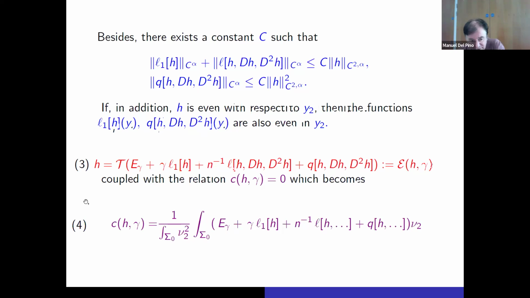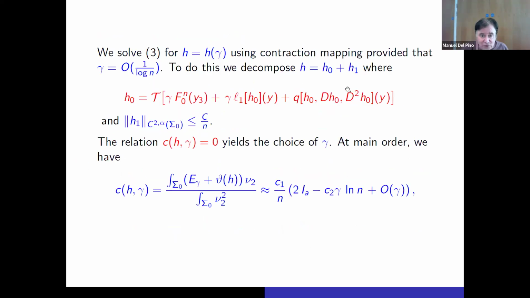And then you plug that in here in this C, and this C is something that you can indeed solve, okay? You can find a number gamma such that this guy is 0, okay? The number gamma can be computed like this at main order, okay? Here is the equation that gamma should satisfy. Observe that you have this magic number I sub A that I showed you before, and some universal constant C2, which is positive.